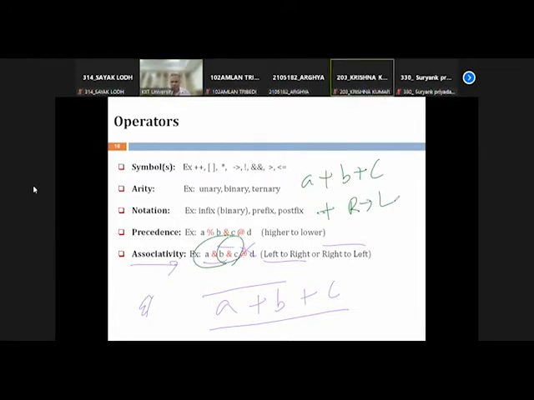B plus C. Forget about the English language. Assume you do not know English. If I say right to left associativity for the plus operator, which one will I evaluate first, A plus B or B plus C? B plus C. Very good. That's the answer. So we need to know the associativity.